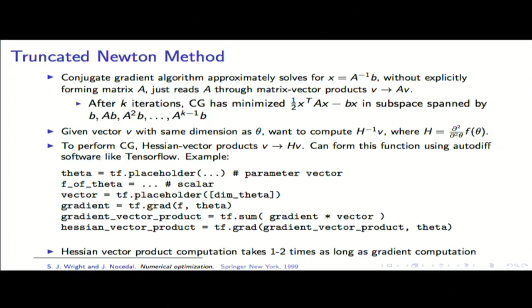We compute the gradient symbolically. Then we form symbolically the gradient vector product, which is just the dot product of the gradient with our vector. And then we differentiate the gradient vector product to get a Hessian vector product. So we just formed our Hessian vector product symbolically.